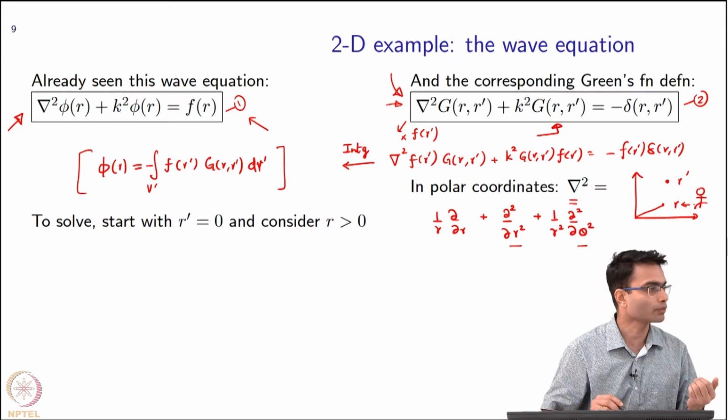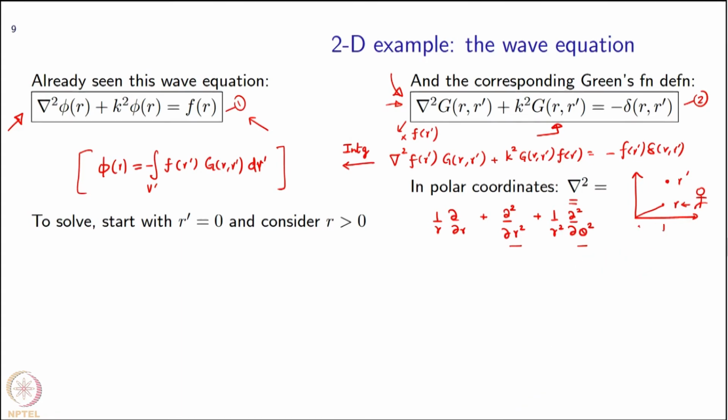If I move r prime to the origin, right? So supposing I do this small transformation, I move r prime over here, and this point r remains over here. Now wherever this observer is with respect to theta, if I keep the same value of r and this observer walks around like this, there is no orientation with respect to theta anymore, right?